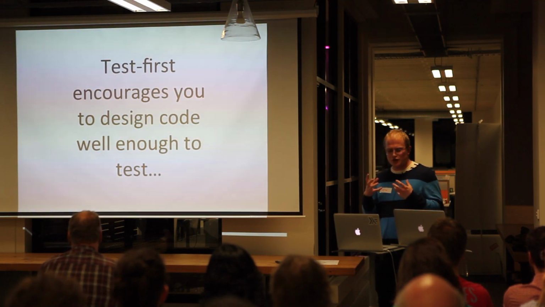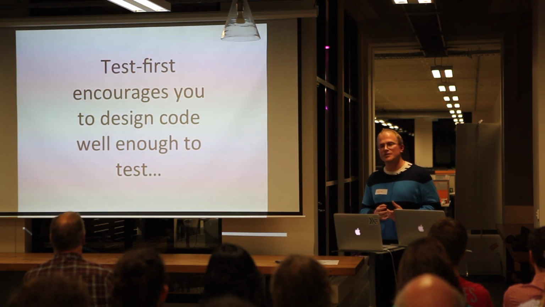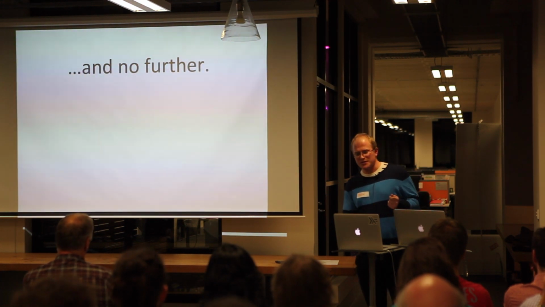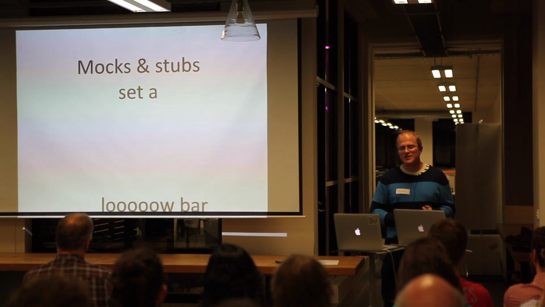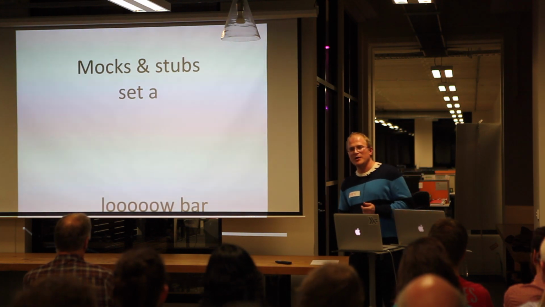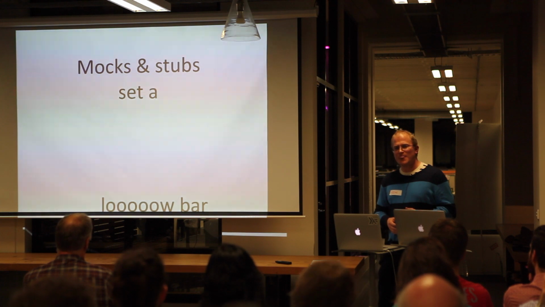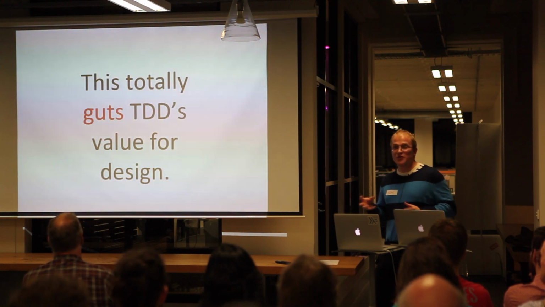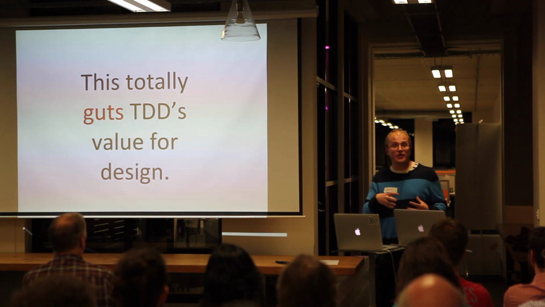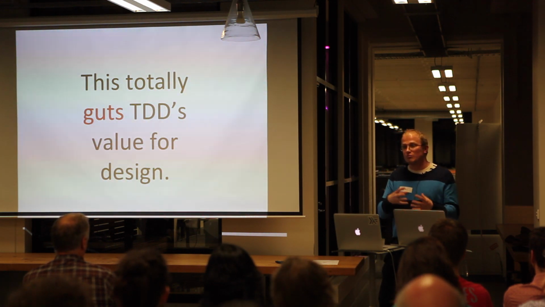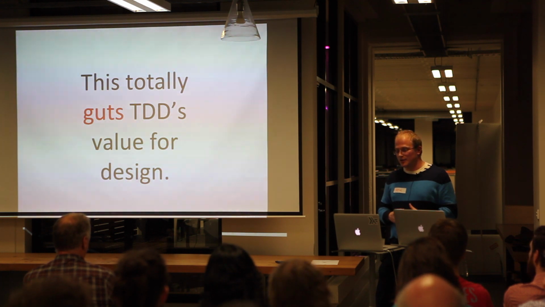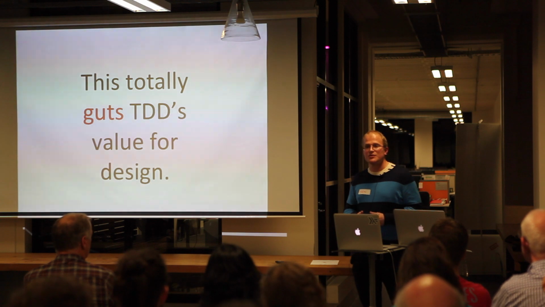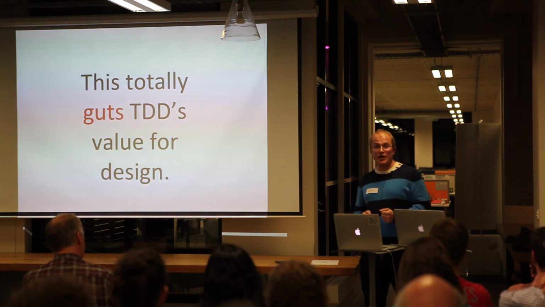So it encourages you to design code well enough to test and no further. And the trouble is that when you've got mocks and stubs, they set a really low bar. Pretty much anything's testable. And so TDD, which is supposed to make you think up front about how you can factor your code in a really good modular way, only gives you an incentive to do it to a very small extent, because you can crack it open with these power tools again.